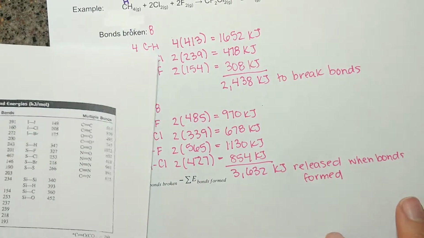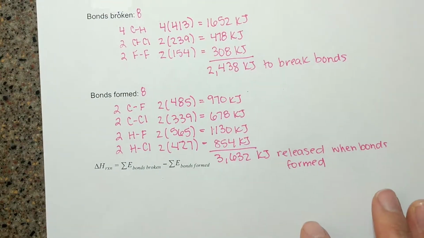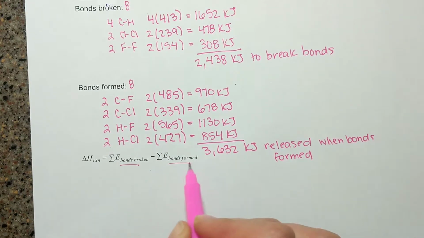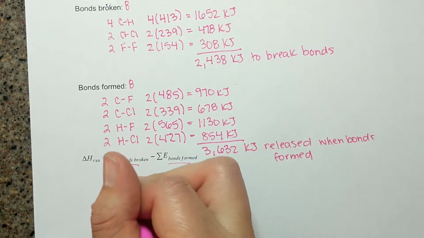Now to find my total amount of energy for the reaction, I take the sum of the energies of my bonds broken minus the sum of the energies of my bonds formed. That's what this sigma is, sum of.